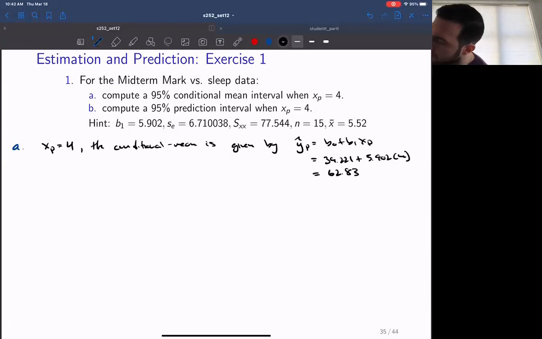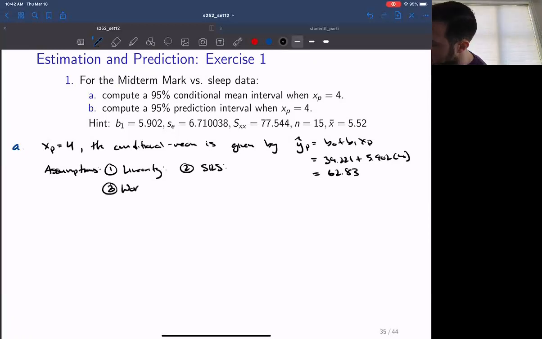Okay, so the assumptions here are the same as they were before, right? So we have linearity, SRS, normality, and constant variance. Okay, and we're using the same data set that we have used before.